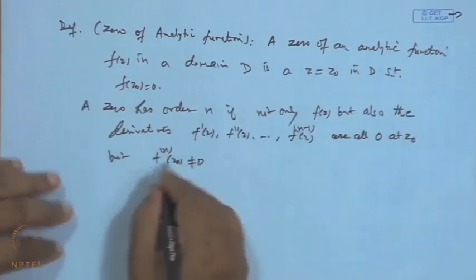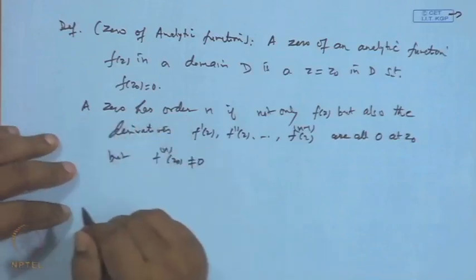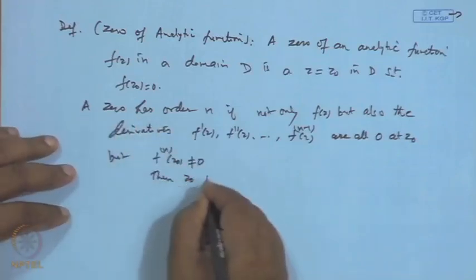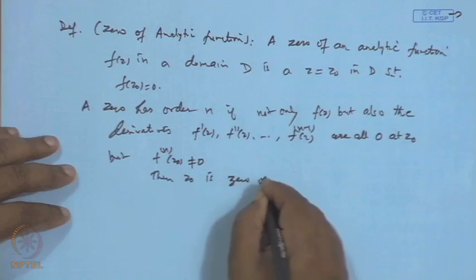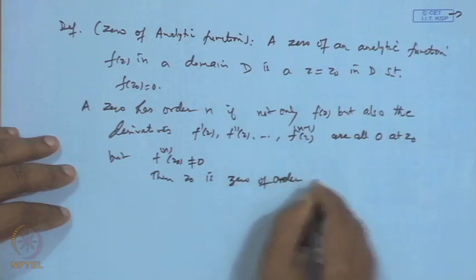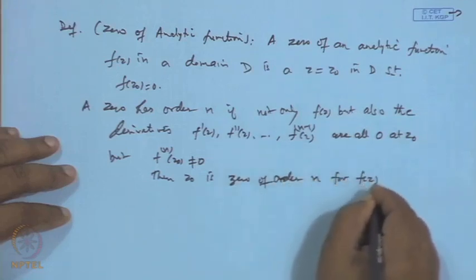Then we say z naught is a zero of order n for the function f(z).